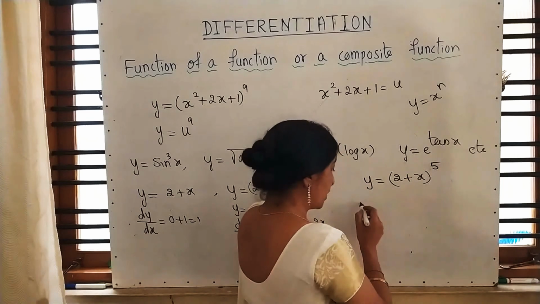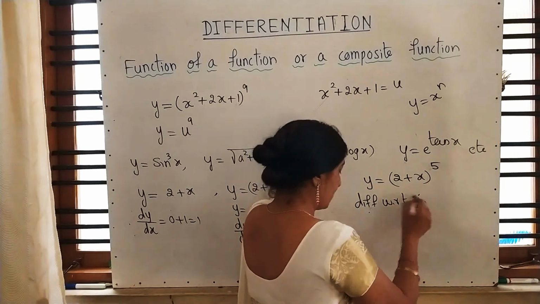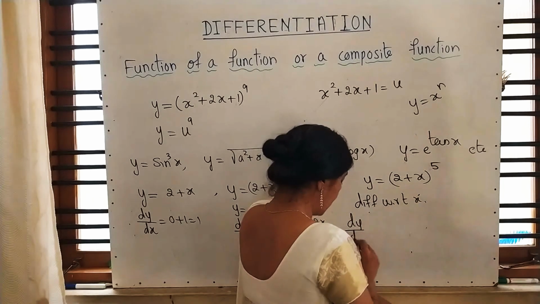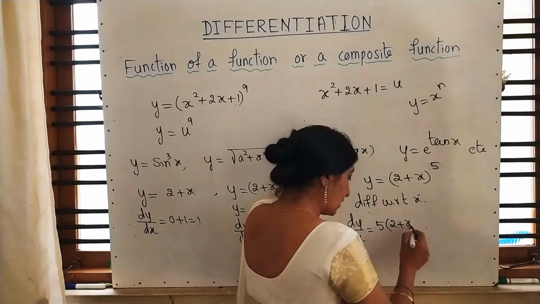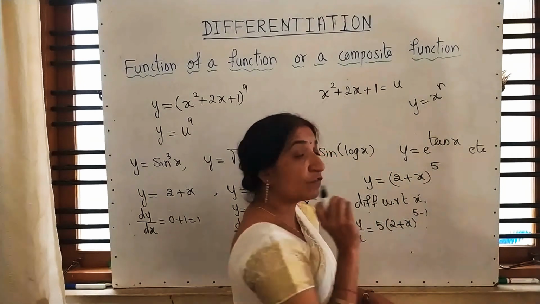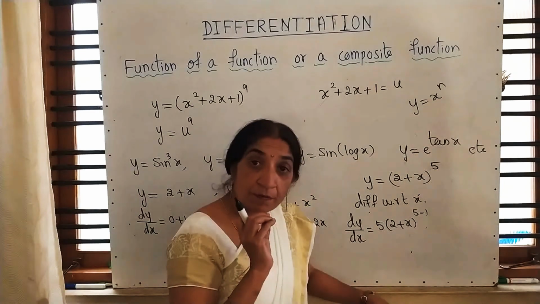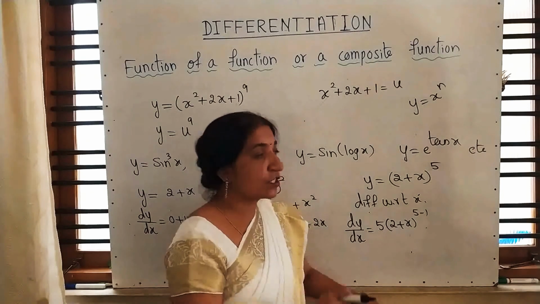How do you differentiate x raised to n? It is n into x raised to n minus 1. That means we did the differentiation of the power. Remember, we did the differentiation of the power.